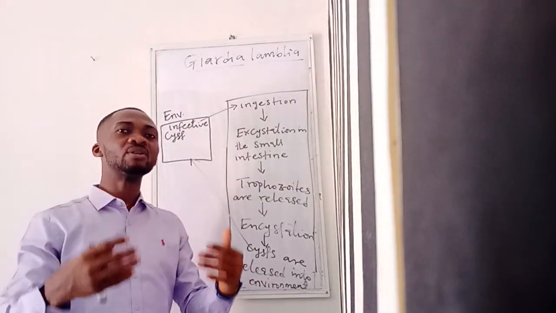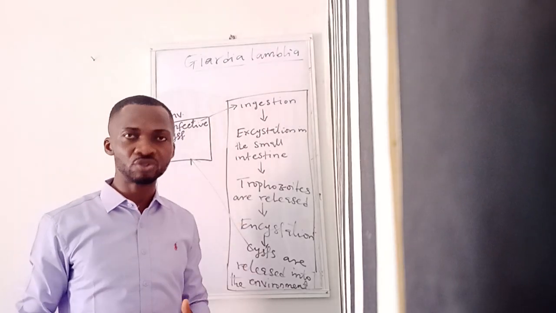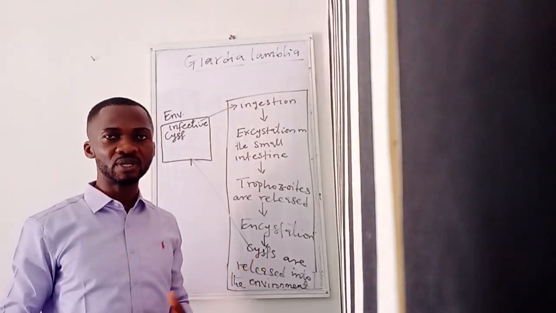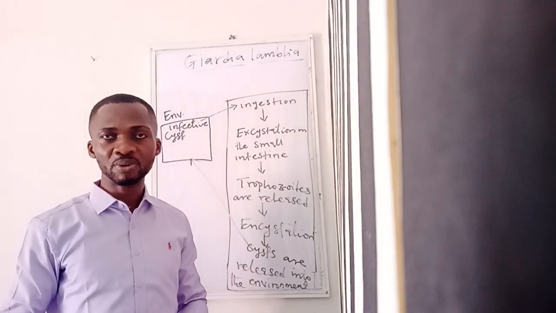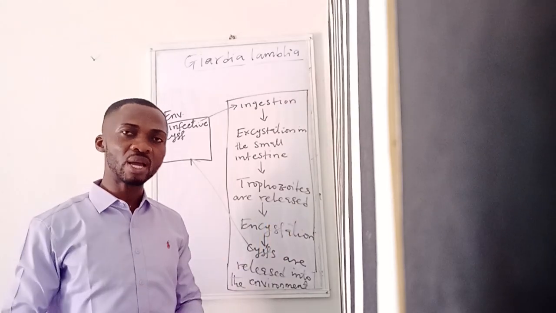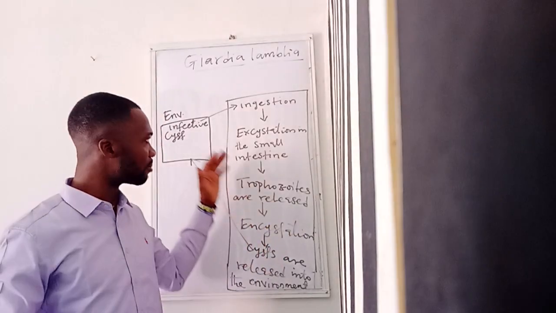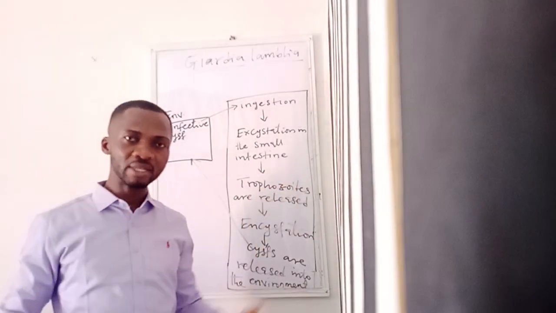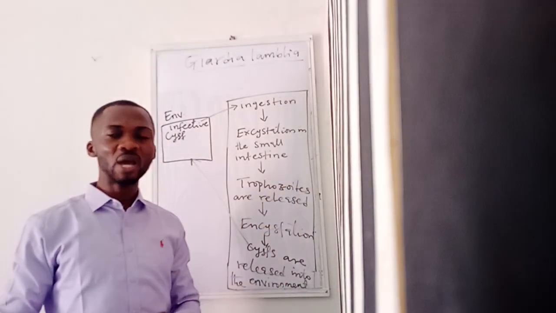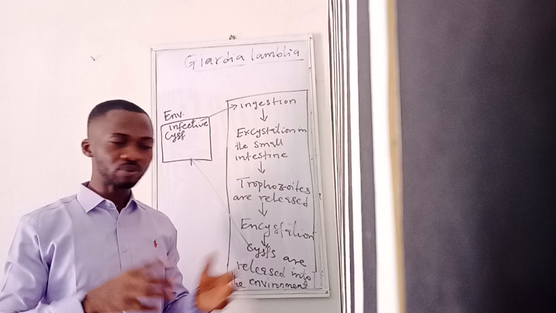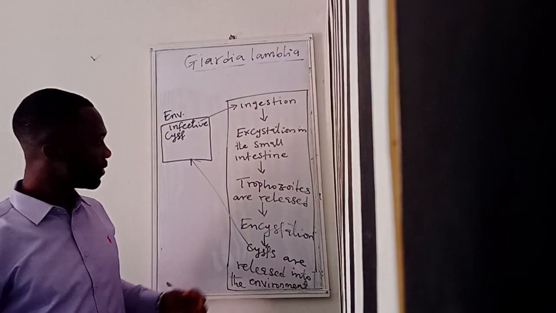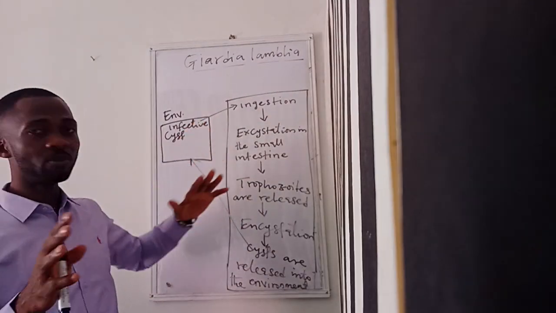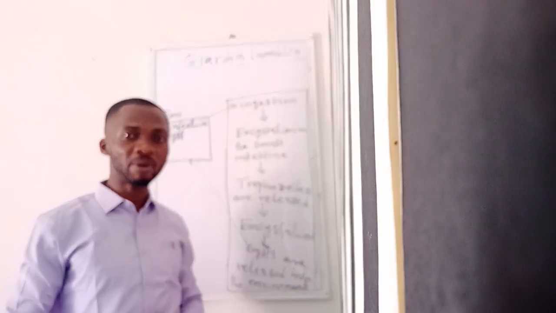So it reduces the rate of absorption of nutrients, and that is also one of the reasons why the person may begin to experience weight loss, because nutrients are not absorbed as they should be, because the parasite has blocked the absorptive region. That is some of the pathological effects of the parasite.